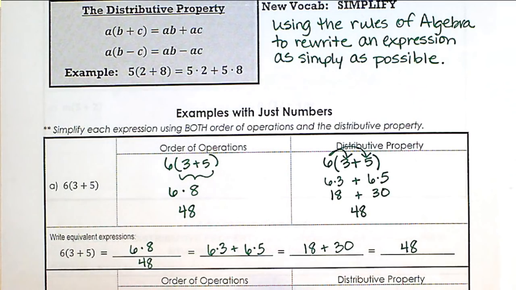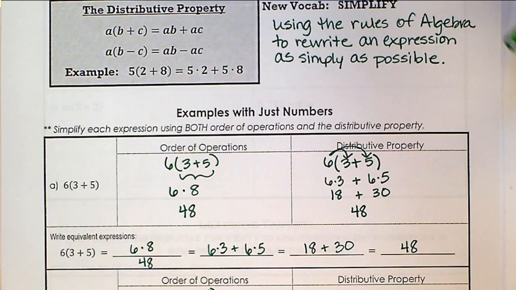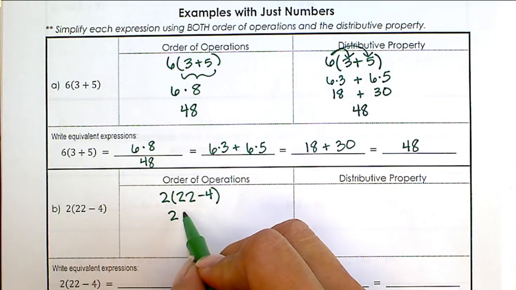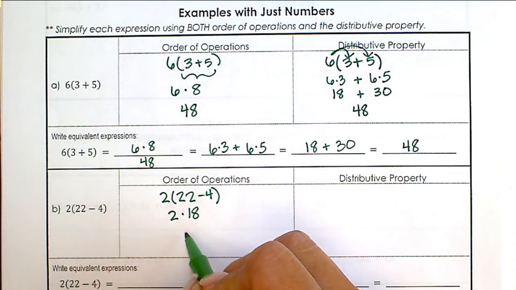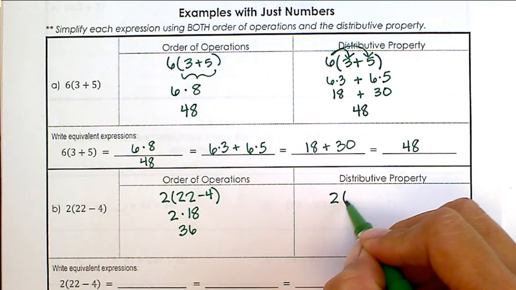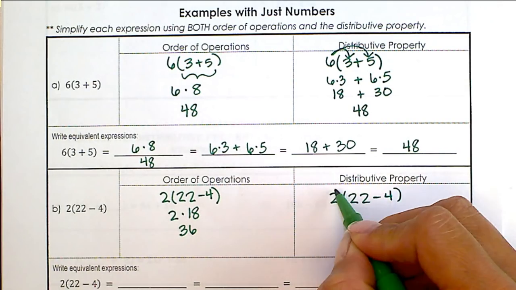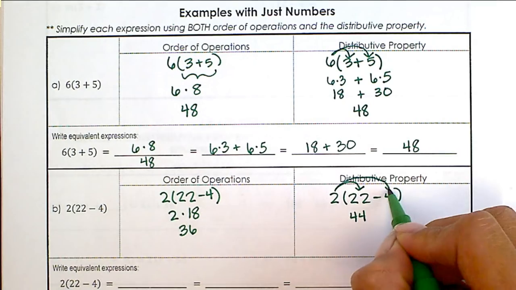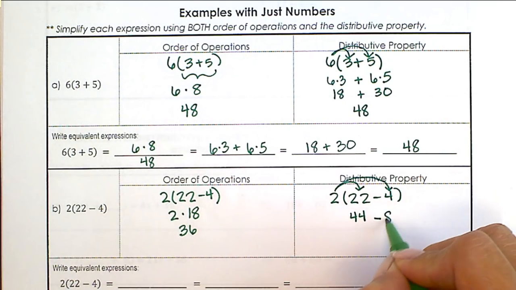Okay, order of operations states to do the parentheses first, and 22 minus 4 is 18, and 2 times 18 is 36. If we use the distributive property, we're going to distribute 2 times 22, that's 44, and 2 times 4, which would be minus 8.